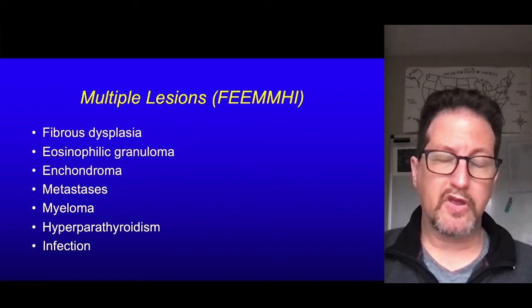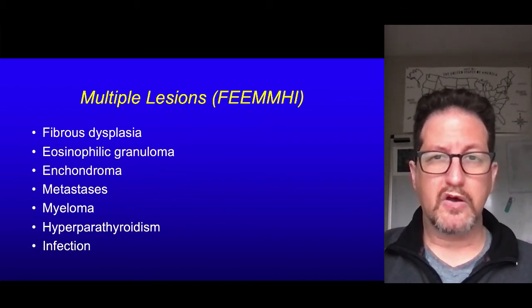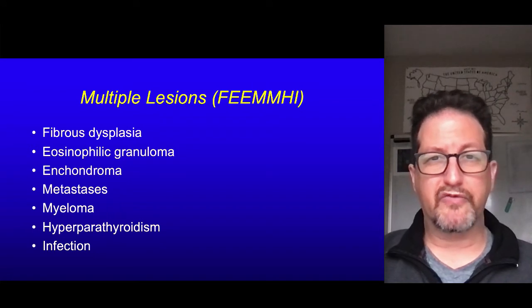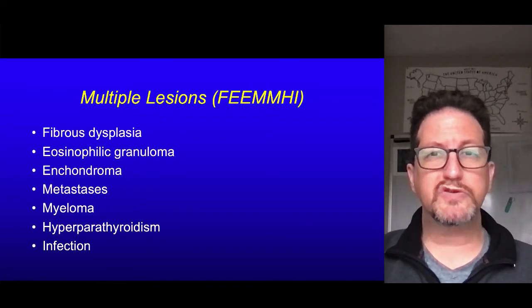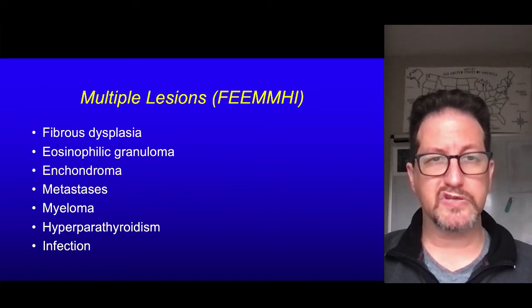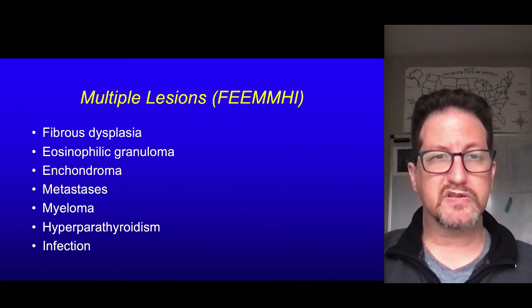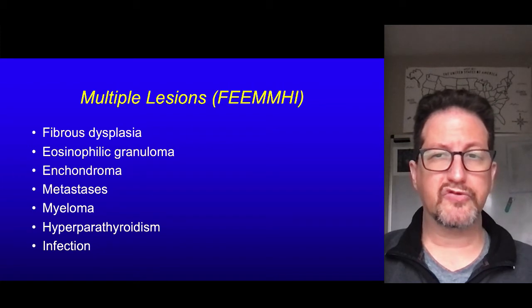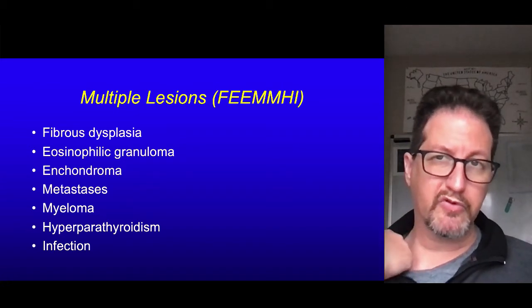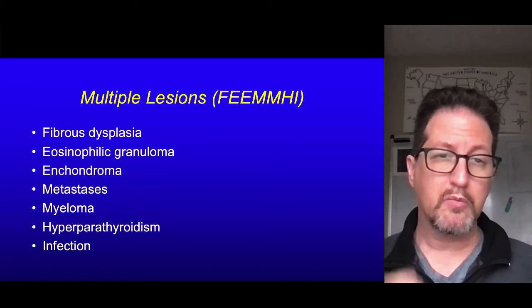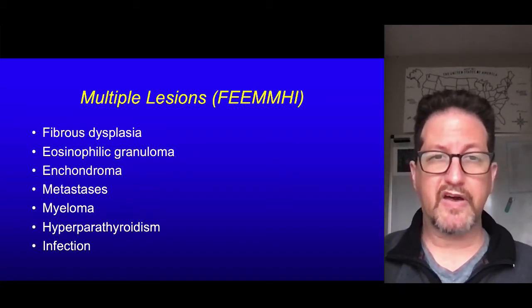This is one maybe crappy mnemonic, "FEMME HI," in order to remember which ones can show up as multiple lesions. So you can see this list: fibrous dysplasia, eosinophilic granuloma, enchondroma, metastases, myeloma, hyperparathyroidism. These are Brown's tumors, which do show up in the foot, and infection.